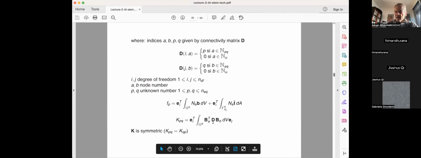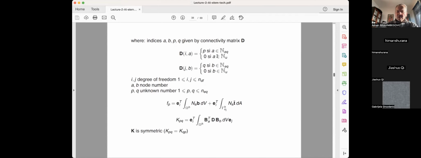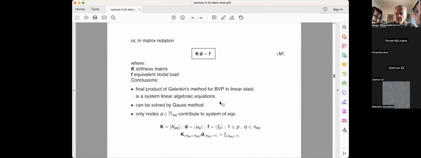You have your elasticity matrix, which is coming from the elasticity tensor. You have this B matrix, which has been obtained by computing the partial derivatives of the shape functions. And here you have your loading and the approximation of the load that you have to define, and so on and so forth. So again, the final product is nothing but a set of linear algebraic equations Kd equals F.